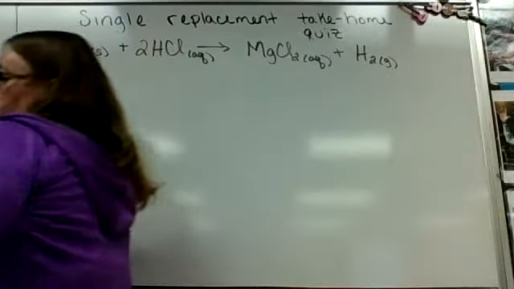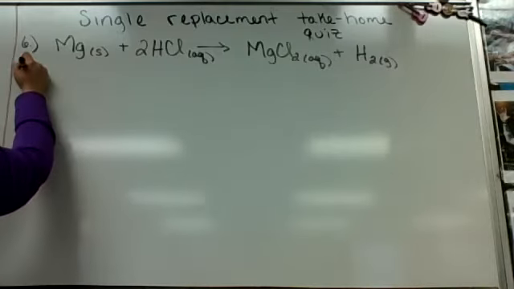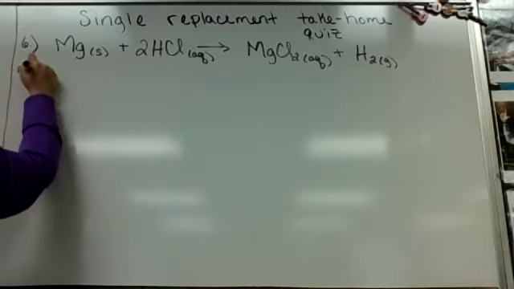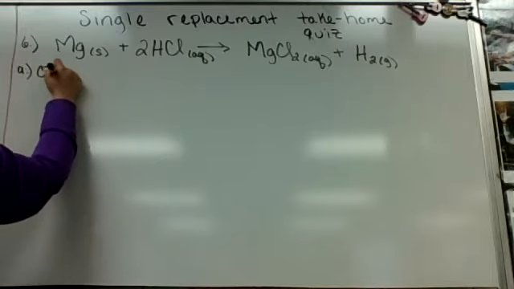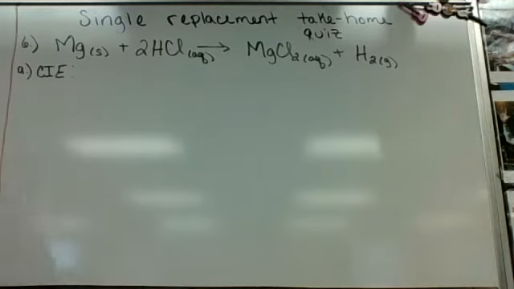All right, be careful here. And this goes back to what I was saying with aqueous versus gas. Gas you keep exactly the same and do not put the subscript as a coefficient. Okay, solids, liquids, and gases you keep exactly the same.